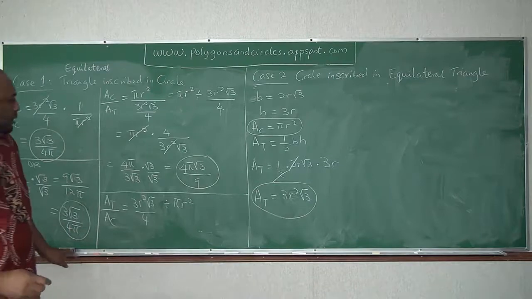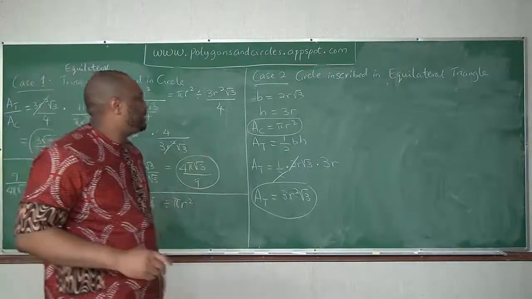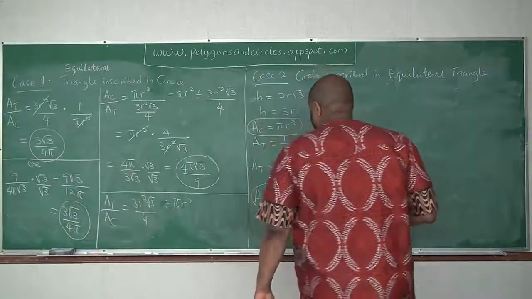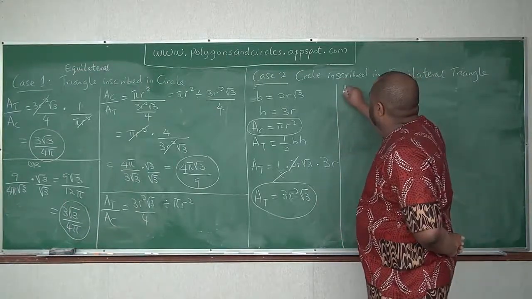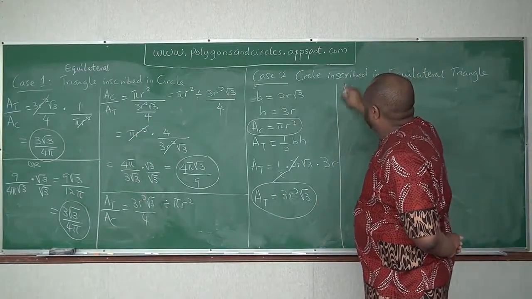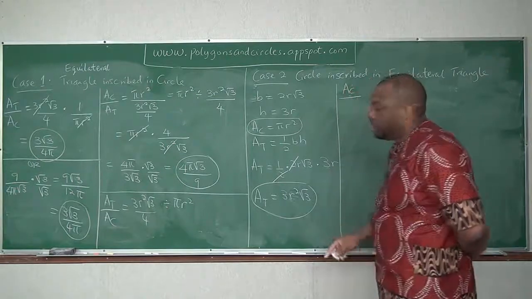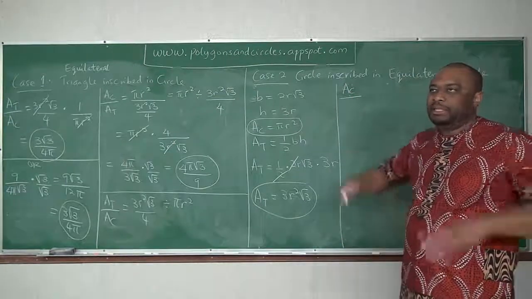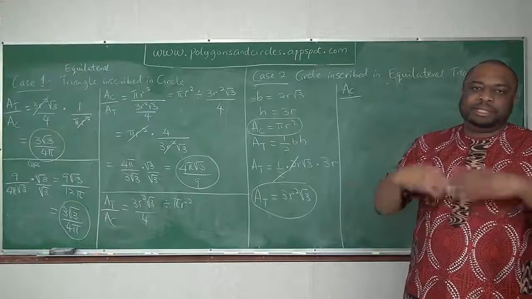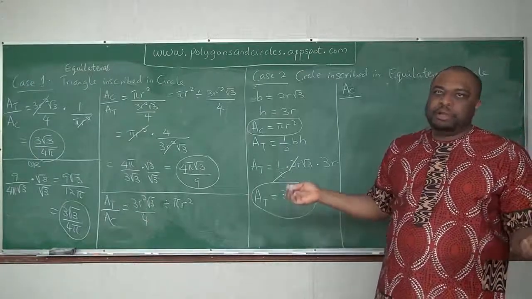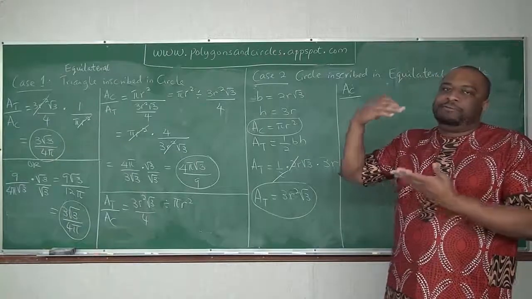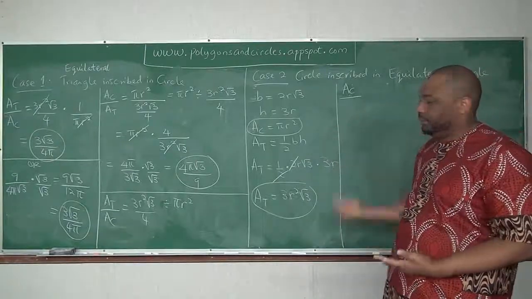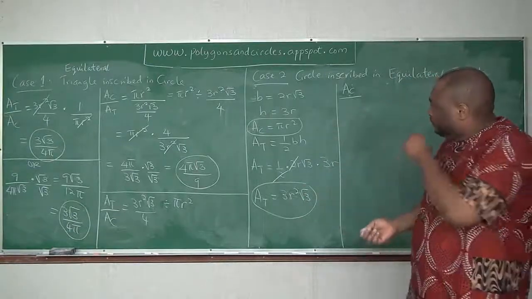Okay, then here, case 2. If we find the ratio of the area of the circle to the area of the triangle, and this usually happens, they just give us the radius of the circle, or they might give us the diameter of the circle, and then we have to find the radius and do it this way.